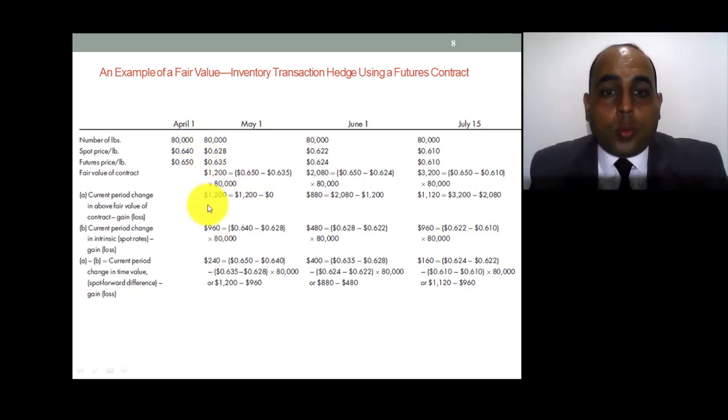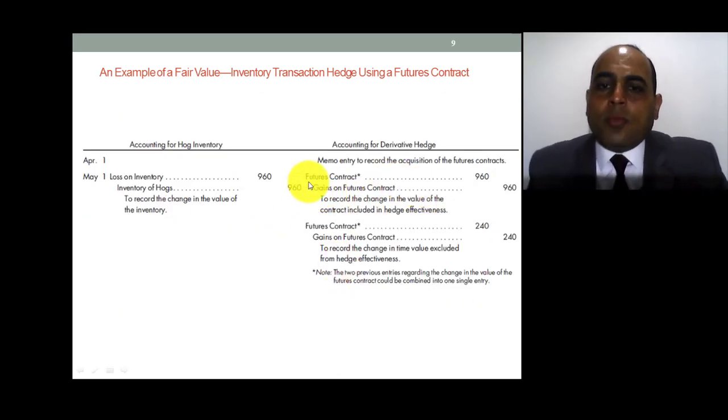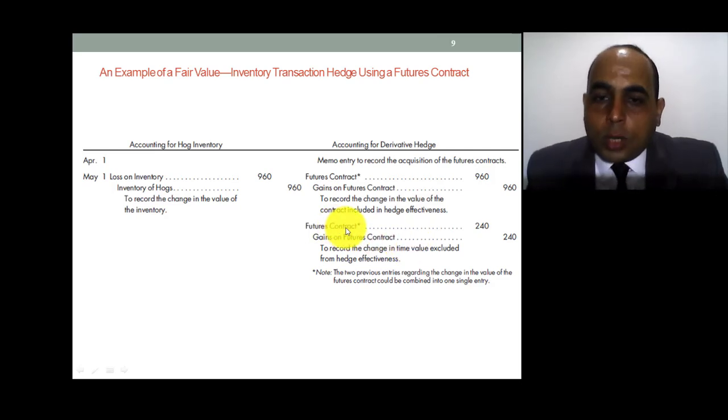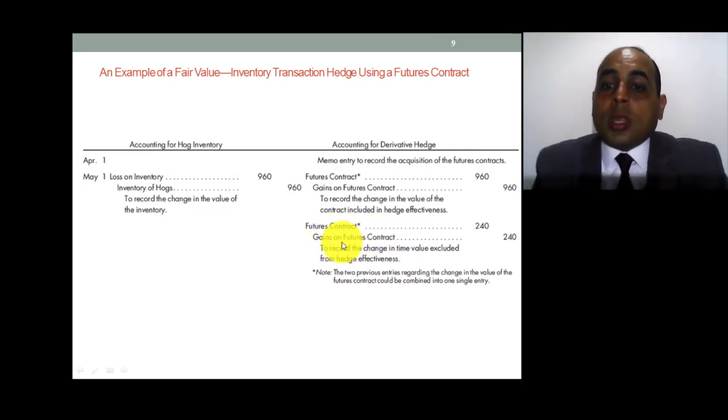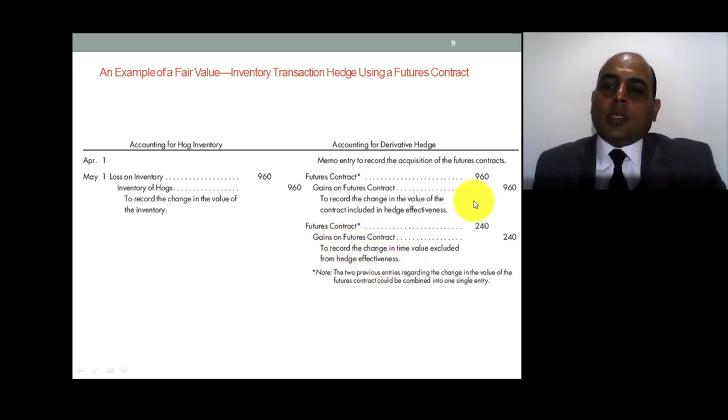Because of the future contract, we have earned 1,200 as gain, so we can record it by the following entry: future contract 1,200 debited, gain on future contract 1,200 credited. Or you can separate it: 960 to record the change in value of the contract included in hedge effectiveness, and 240 for the gain on future contract to record the change in time value excluded from the hedge effectiveness.